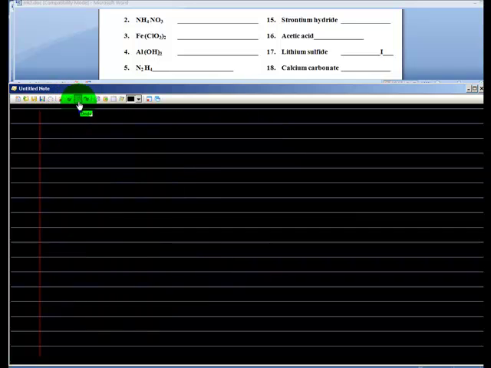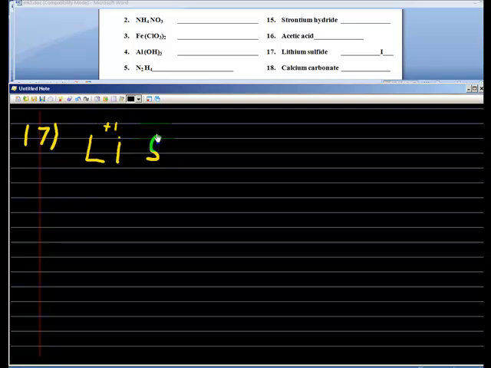The first one we'll take a look at is a metal with a nonmetal. An example of that is number 17, where lithium is in fact bonded to sulfur, or sulfide. So lithium is Li, sulfur is S. Now lithium, if you look on the periodic chart, is going to form a +1 ion.